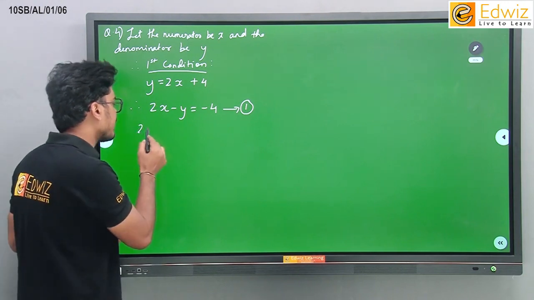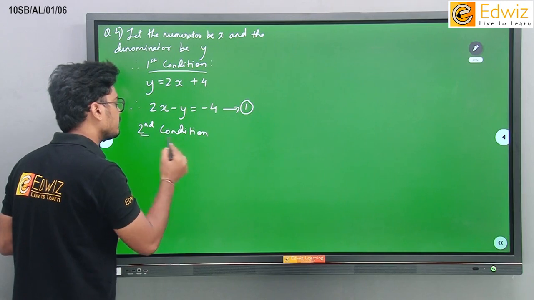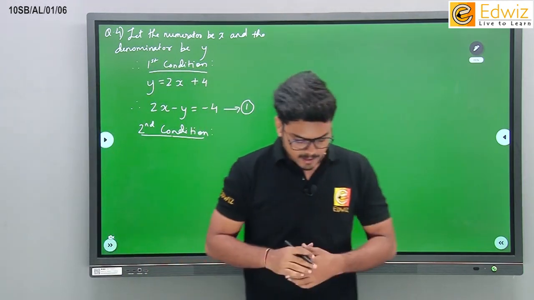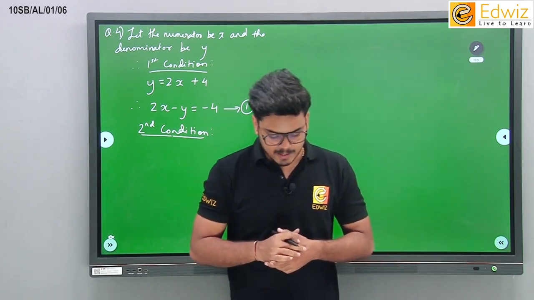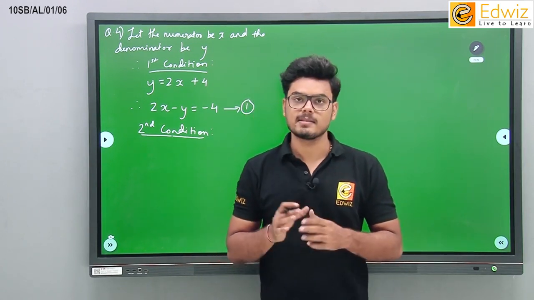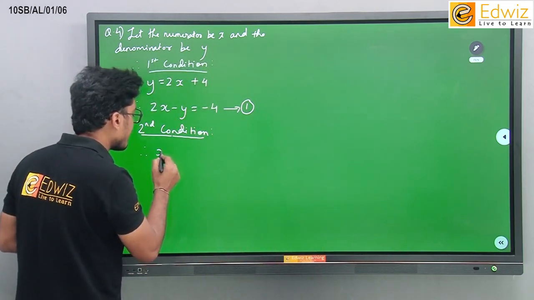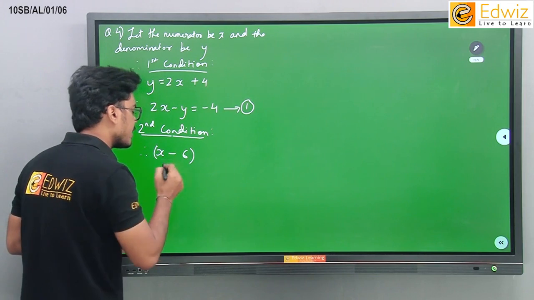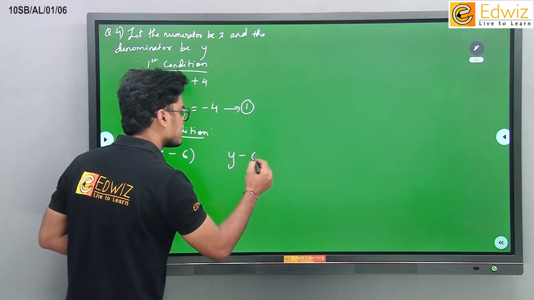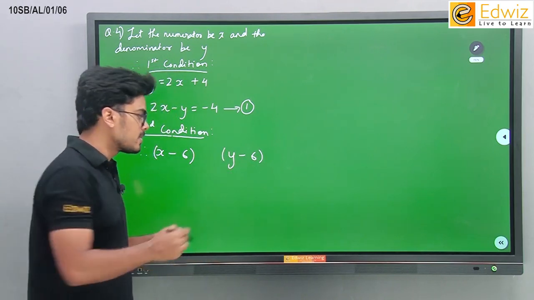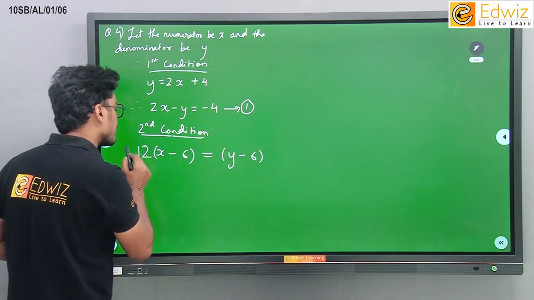Similarly, second condition क्या है वो आगे हम लोग रीड करेंगे. Second condition, okay, denominator becomes 12 times the numerator if both the numerator and the denominator are reduced by 6. So if we reduce the numerator by 6, it will become x minus 6, correct? And if we reduce the denominator by 6, it will become y minus 6. So when we do this, the denominator is equal to 12 times the numerator.